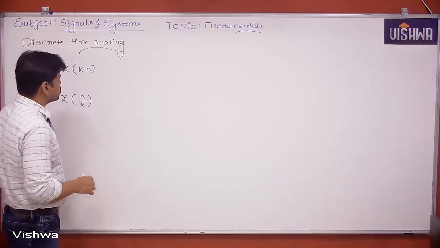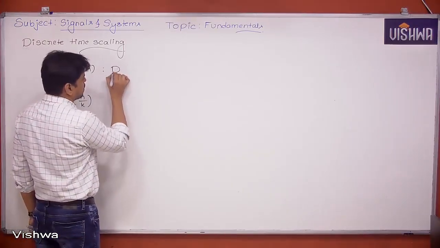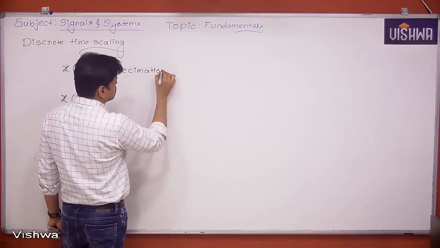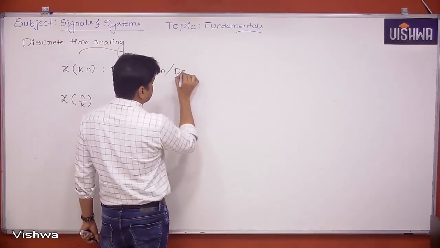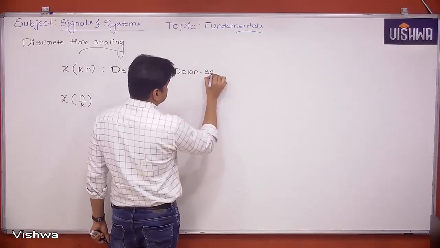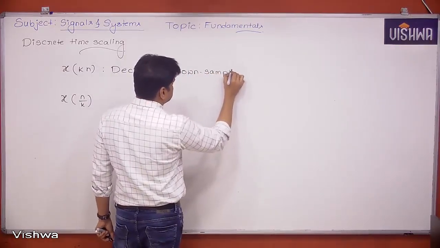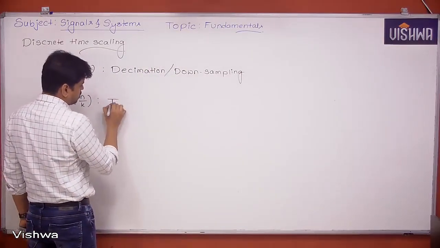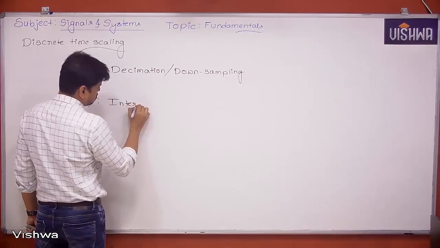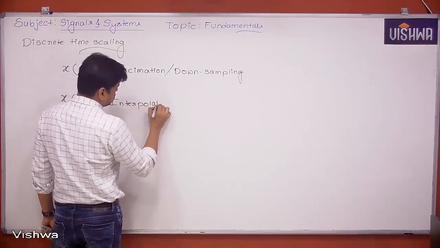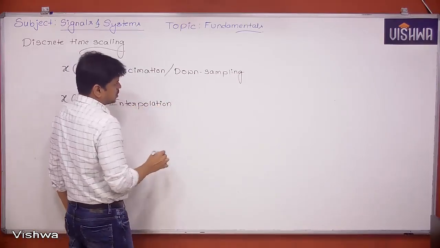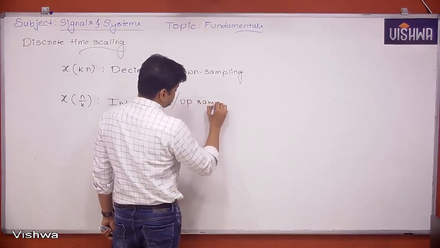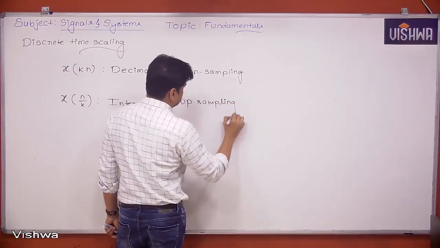Then what are the names we are using? Here we are using decimation, which is also called downsampling. This is called interpolation, or upsampling.